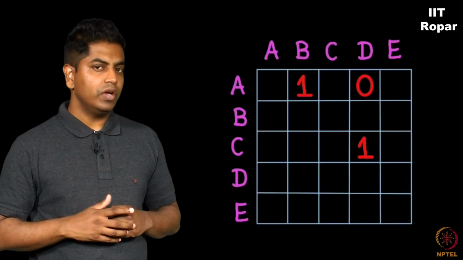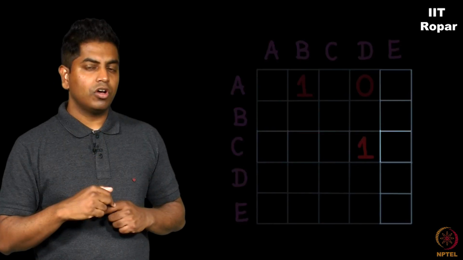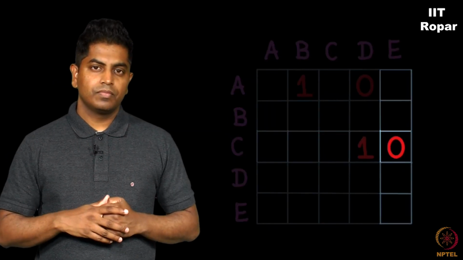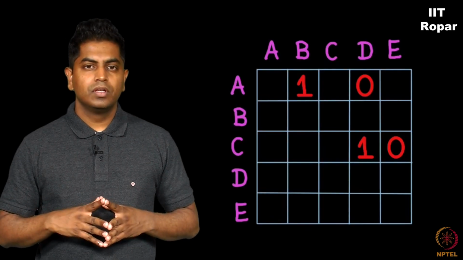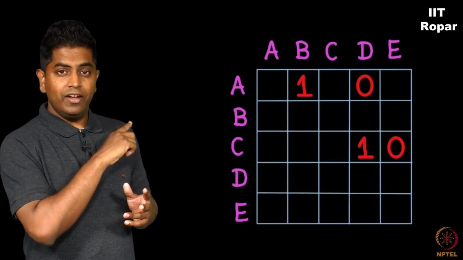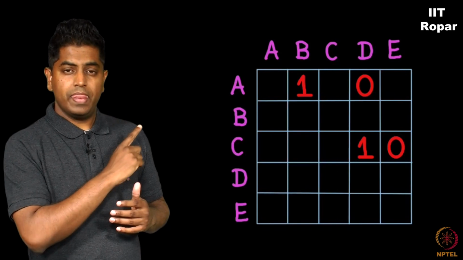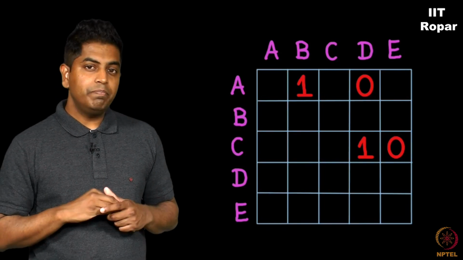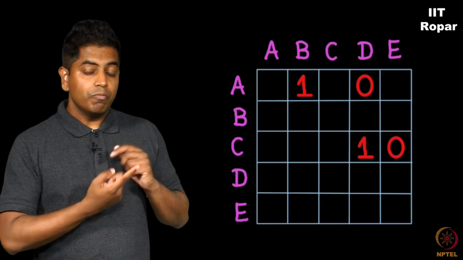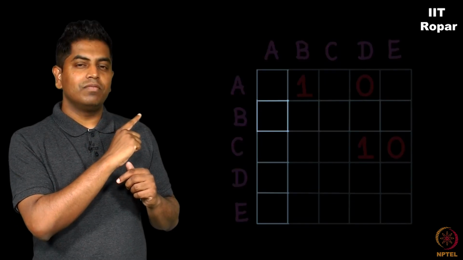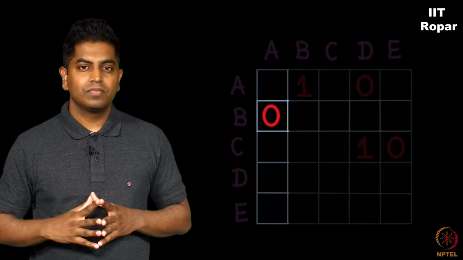If C doesn't know E, Cth row, Eth column, I'll put a 0. Okay. So sometimes, see, A knows B, I have put a 1 in Ath row and Bth column, but B needn't know A. So Bth row and Ath column will have a 0.